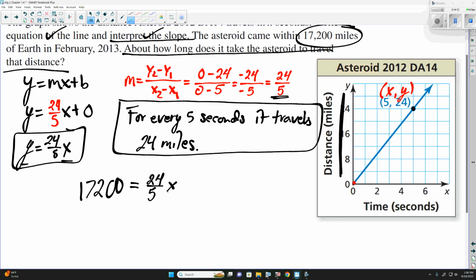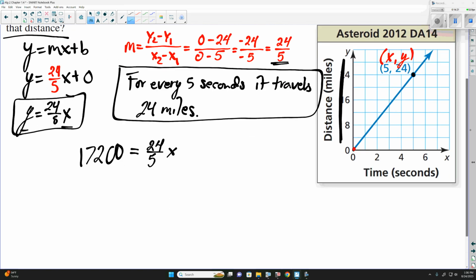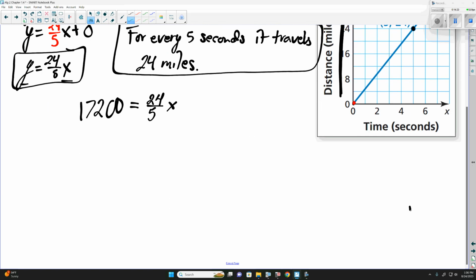How can we get x by itself? We can move it over. So what operation will we need to do to move the 24 over 5? We can multiply.